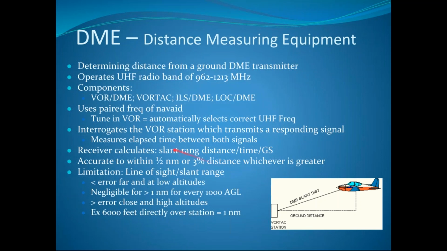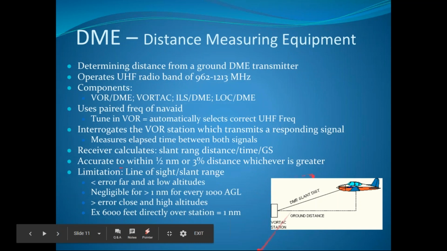That's where we're going to see this error increase over that half nautical mile. The error is negligible for anything less than 1 nautical mile for every 1,000 feet AGL. So that's talking about the slant range. The higher you are, the less of an error.